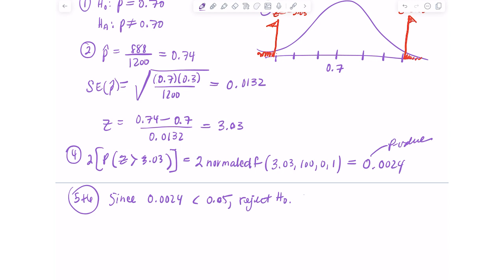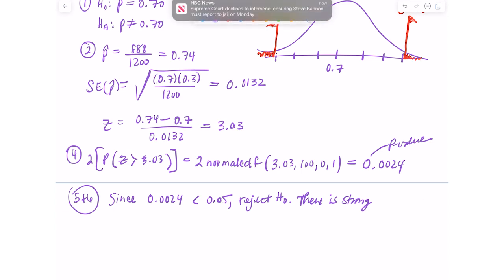Anytime you reject the null, you would say there is strong evidence in favor of the alternative. Remember in the last video, when we failed to reject the null, we said there was not strong evidence in favor of the alternative. So you always want to relate it back to the alternative.